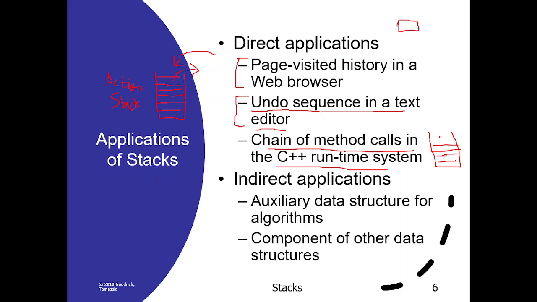When you're done executing the function that you called, you should know which address to return to, and you should also store the values of the local variables of the caller function. So when you return to the caller function, all the local variables in that function should have their original values. You should also be able to pass arguments to the callee functions. All of this is done using the stack data structures which the C++ runtime maintains internally.